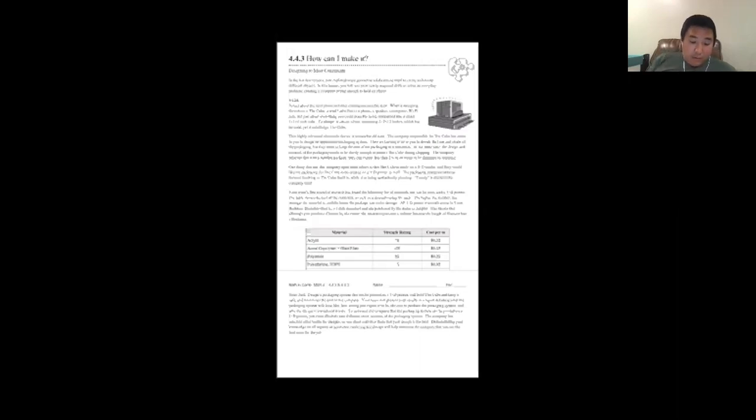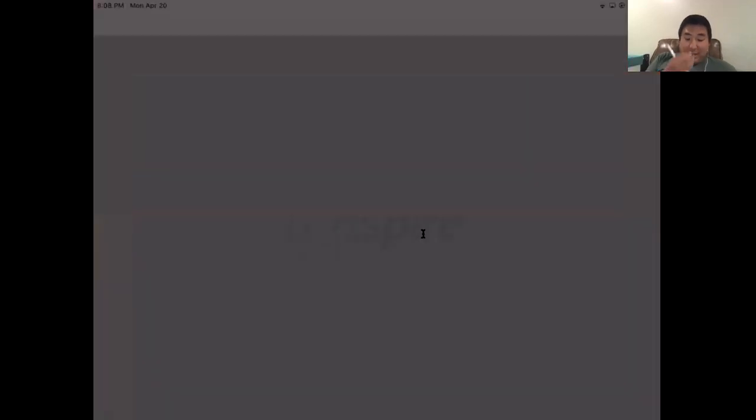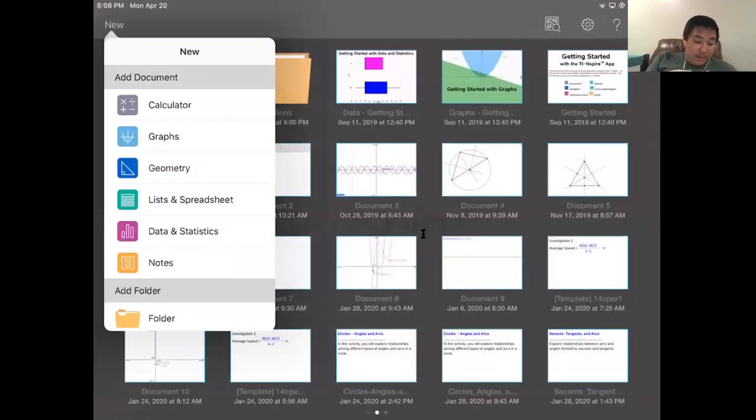What proportion of bottles are between 500 and 502? So you're going to do normCDF, 500, 502, comma, 502, comma, 1.8. It's going to be really close to 34, but we'll see what it is. You're going to start using the Inspire app because for your test, it's the most helpful.